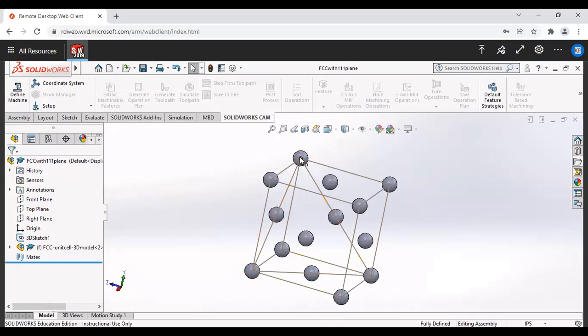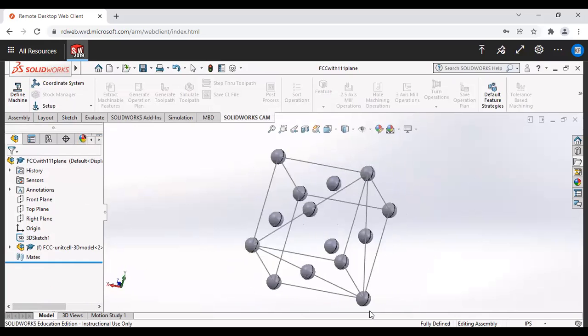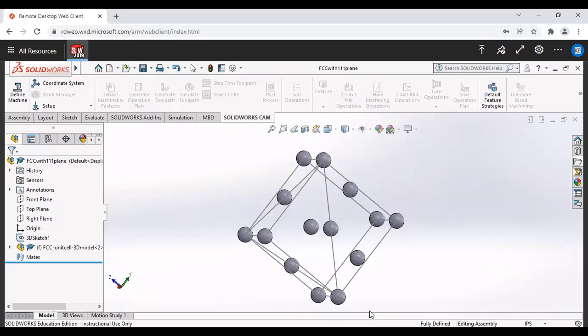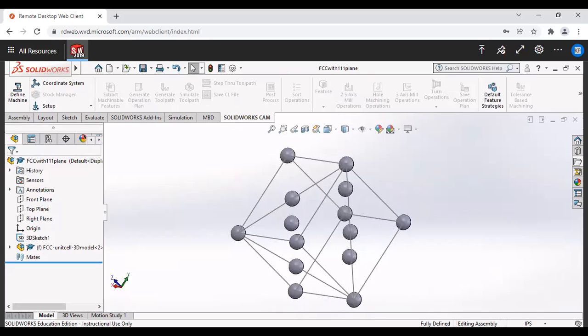It touches the Z plane at 1, the X, and the Y axis at 1. You can see the plane in more detail. Now, let's go back to the problem.